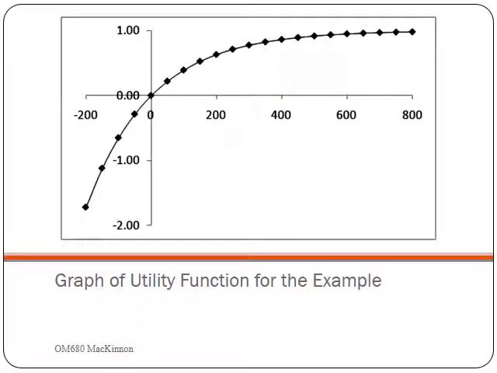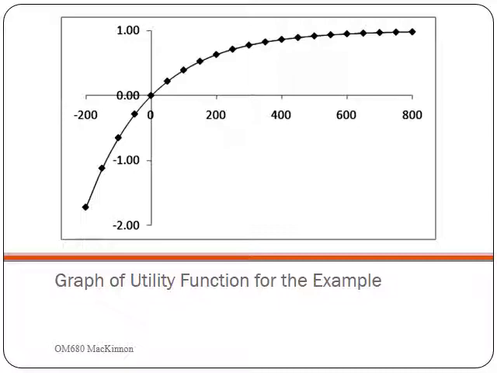This is a typical graph of the utility function. On the x-axis is monetary payoff, and on the vertical axis is the utils. As you can see, there is a point of quickly diminishing returns in terms of utility. That is very different than what we were looking for in terms of monetary payoff.